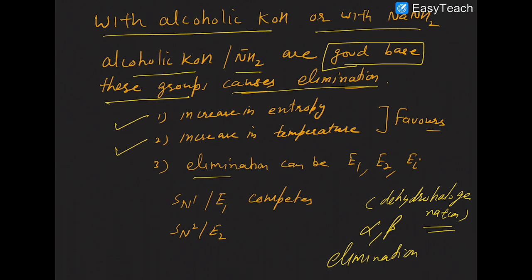Now the elimination can be E1, E2 and Ei. Ei is internal elimination. Remember one thing, SN1 always competes with E1 and SN2 always competes with E2. The use of solvent and the use of heat are the major deciding factors in which way the reaction will tilt.